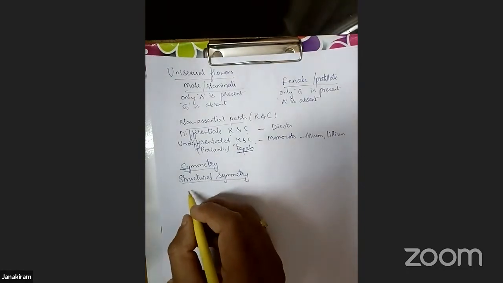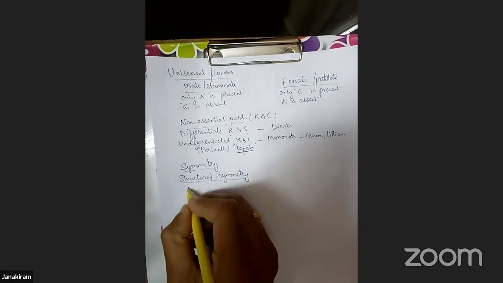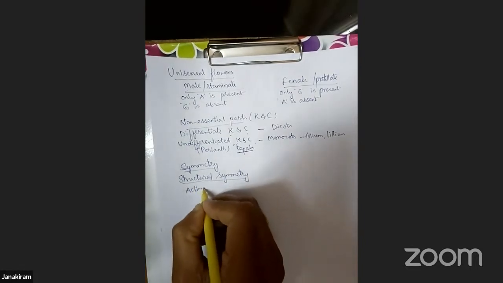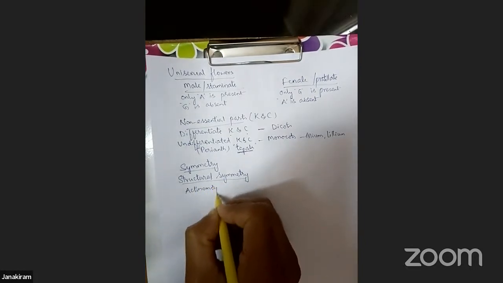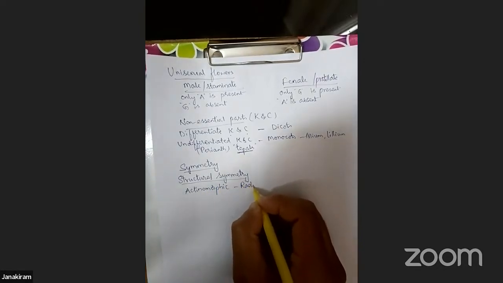Those are radial symmetry, seen in actinomorphic flowers, bilateral symmetry, seen in zygomorphic flowers, and the third one is asymmetric flowers. Okay, the flowers are of three types: actinomorphic, they show radial symmetry.